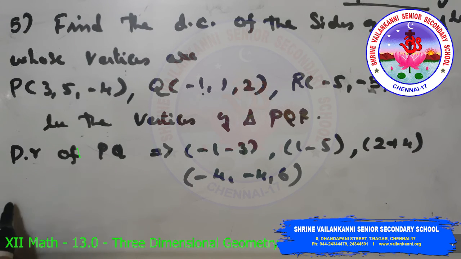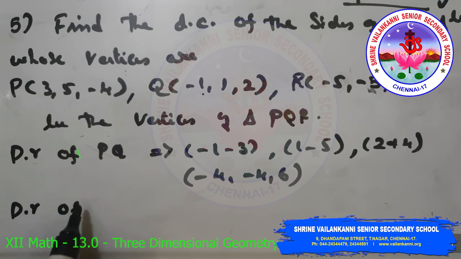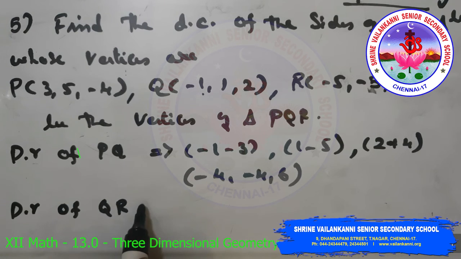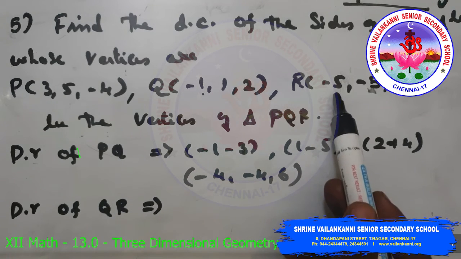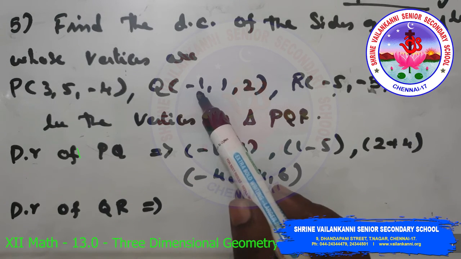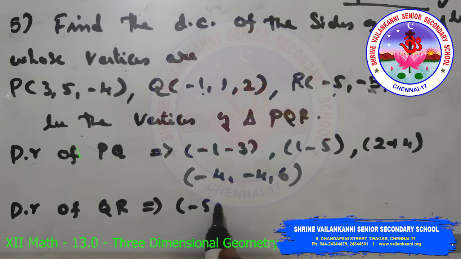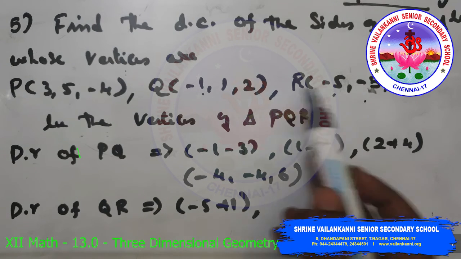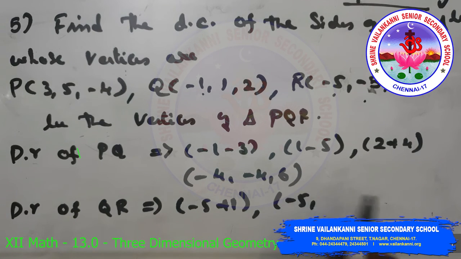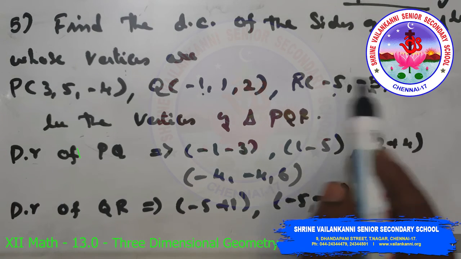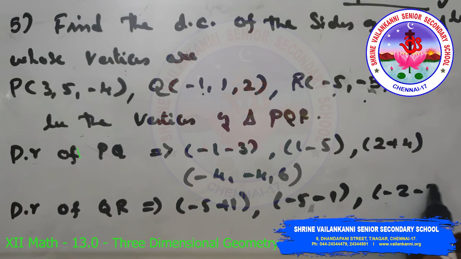Now let's find DRs of QR: -5 minus of -1, which is +1, so -5 plus 1, -5 minus 1 and -2 minus 2.